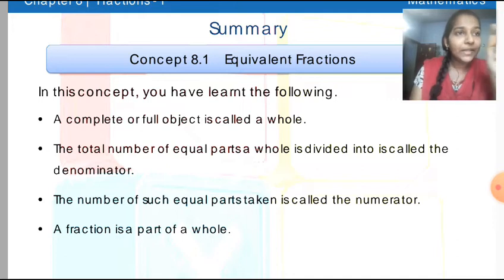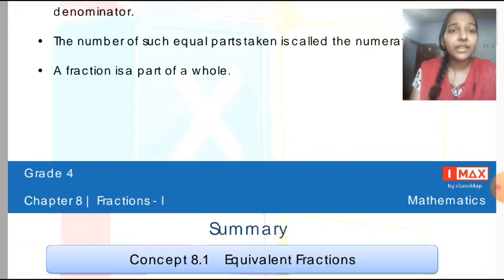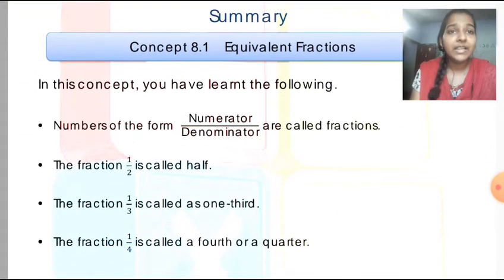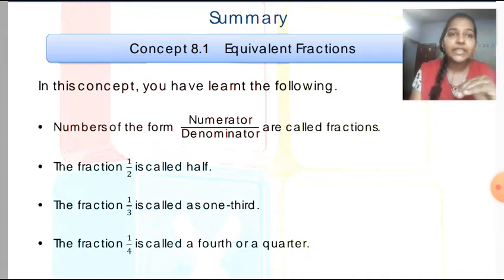Then what is the numerator? The number of such equal parts taken is called the numerator, or the number which comes above the small line. So fractions are the numbers of the form numerator by denominator.